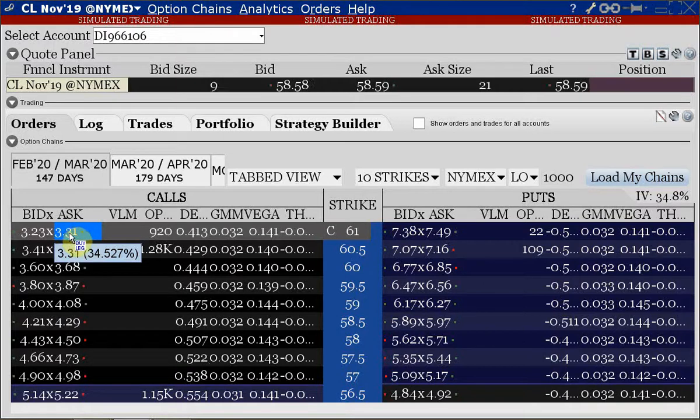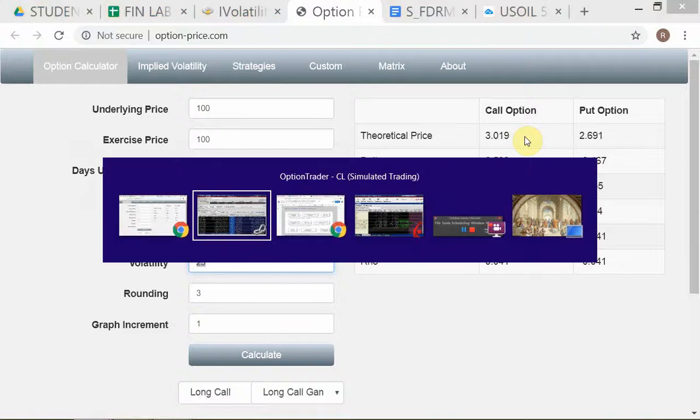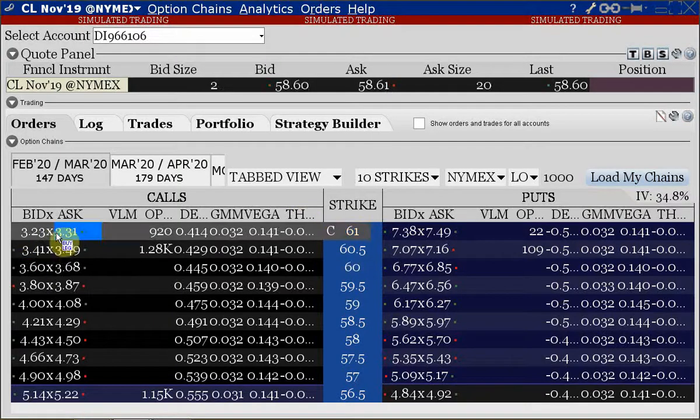You check the vol from here, it's 34.527. If you enter 34.527 here instead of 25, then, if everything else is correct, you will get the same price out. This price output of 3.019 will actually become 3.31. That's what IVOL means in a nutshell.